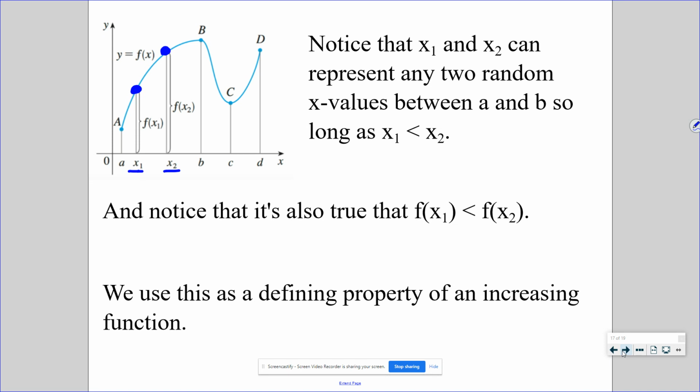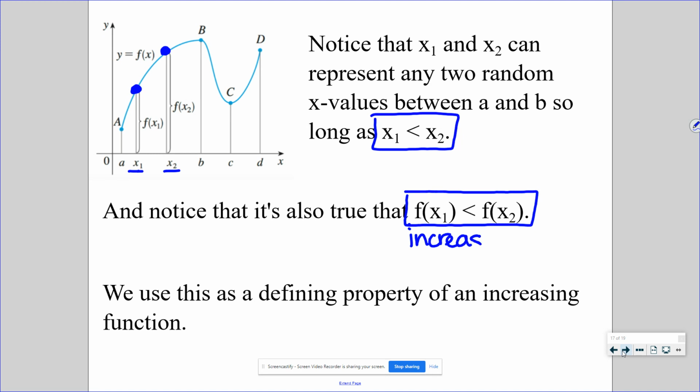Because it's closer to the origin. If my function is increasing, that means that the y value at x1 must be smaller than the y value at x2. And so if the y value at x1 is smaller than the next y value, then you have described an increasing function.